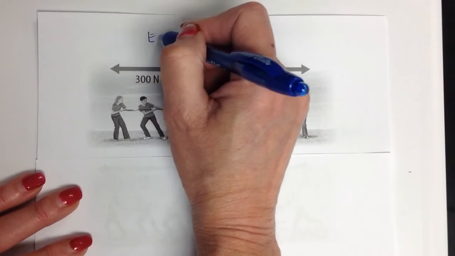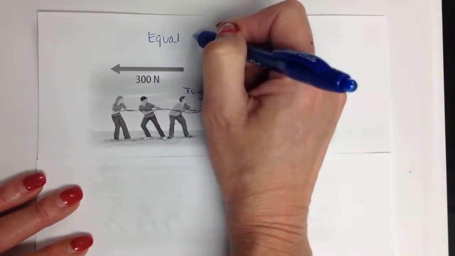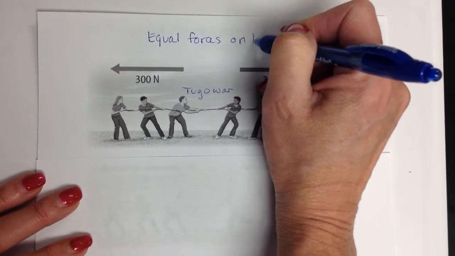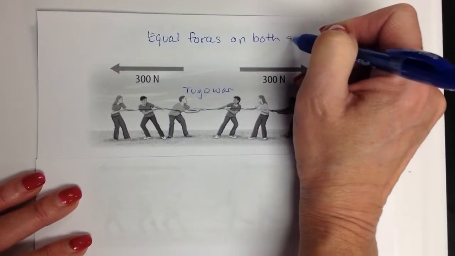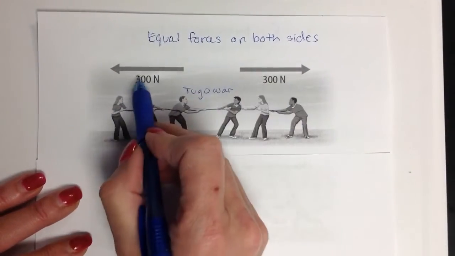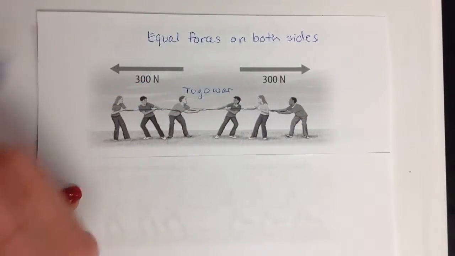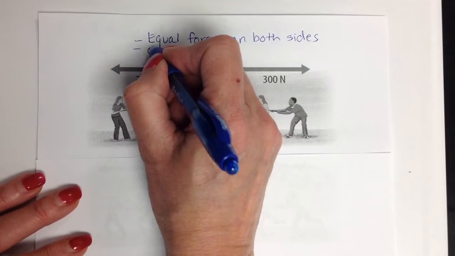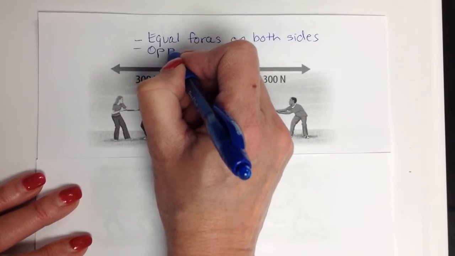These are equal forces on either side. And you can also see that these are opposing forces because one group's pulling in one direction, the other group's in the other direction, right? And they're opposing forces, so they're opposite.